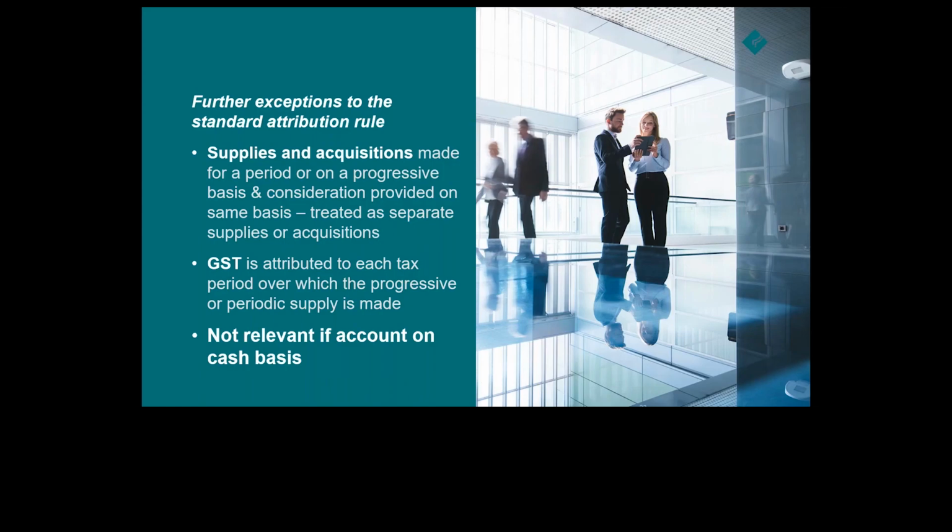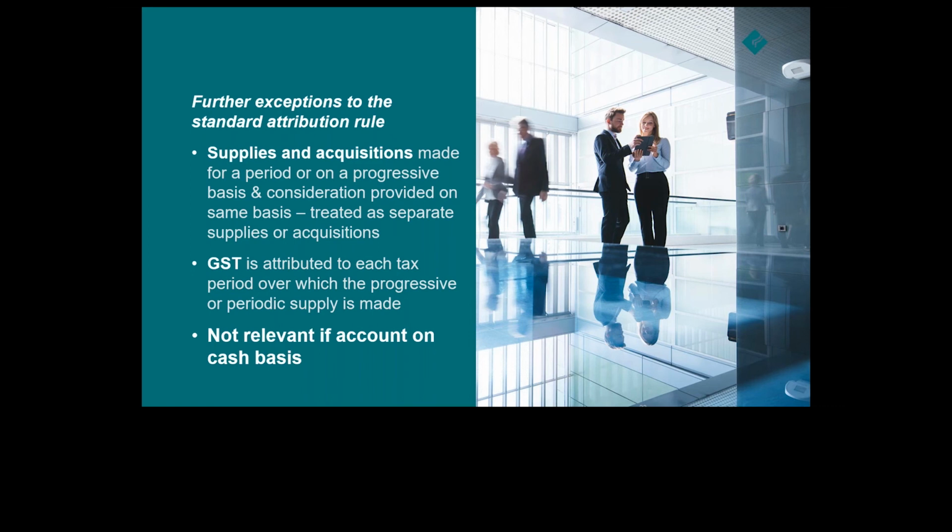In addition to the special determinations, there are some further exceptions to the standard GST attribution rule in the legislation. The most common one is in respect of supplies and acquisitions that are made for a period or on a progressive basis, where the consideration provided for those supplies is also on the same basis.